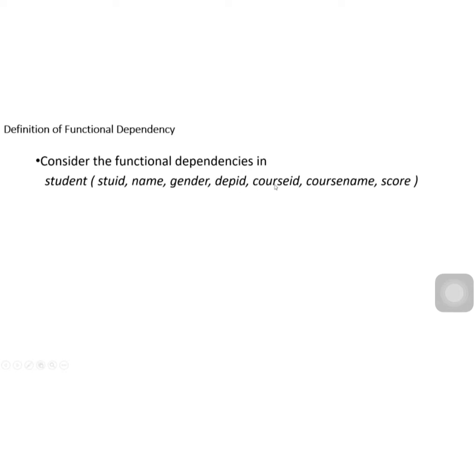For example, if there is a tuple like this: S001, John, male, 6, C002, database system, and the last one.